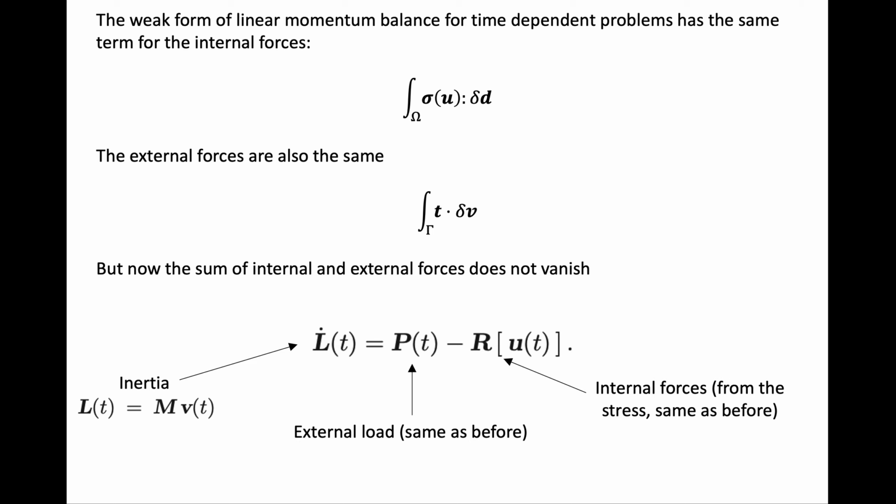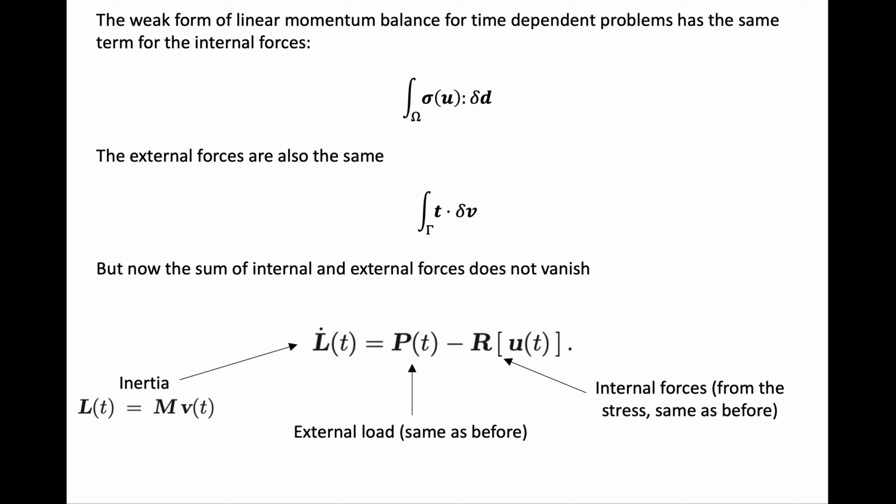So the weak form of the linear momentum balance for time-dependent problems has the same internal forces, so you still have to calculate the same internal residual, this stress double contracted with the variation of the symmetric velocity gradient. That's exactly the same as before. The external forces are also the same as before, the integral over the boundary of the tractions times the variation of the displacements.